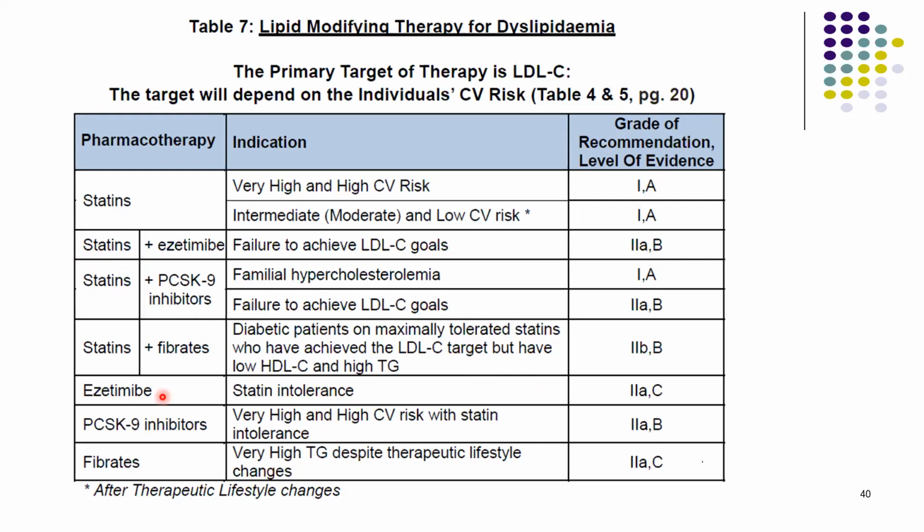But ezetimibe is very, very mild, because it's just to inhibit the absorption of cholesterol. And then the PCSK9 inhibitors, okay, for very high or high CV risk. And fibrates, of course, for very high TG. Fibrate is good for TG.